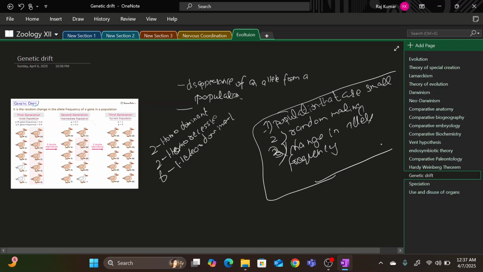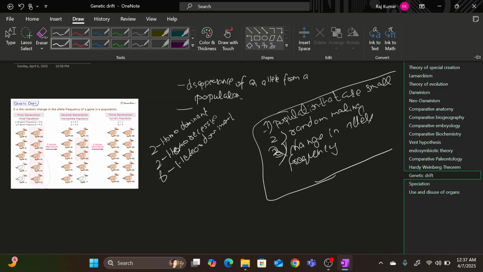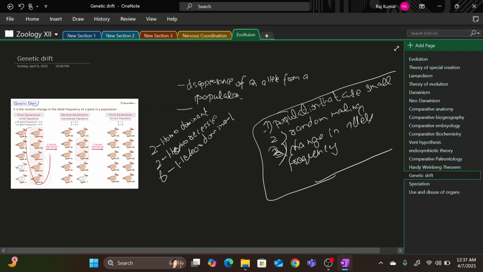Right after that, let's say five of these ducks are chosen at random, and they breed with each other. When they bred with each other, the gene frequency of P and Q changed in such a manner that P increases to 0.7 and Q decreases to 0.3.